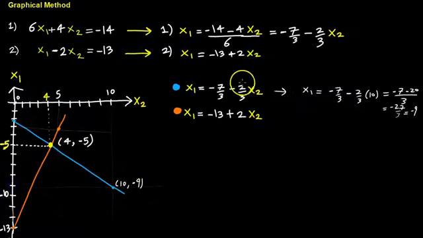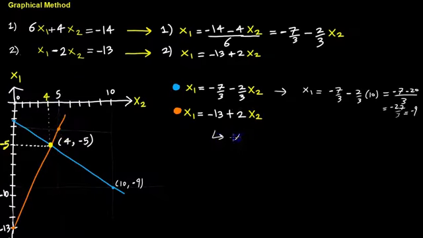So that confirms that. Then I draw the line here, and I look at equation 2, and I plug in x2 is equal to 0. Some special points that I can use as boundaries. So x2 is equal to 0 is going to give me negative 13. So I go all the way down here to negative 13. I draw my first point in orange. Then I'm going to plug in x2 is equal to, let's see, 5.